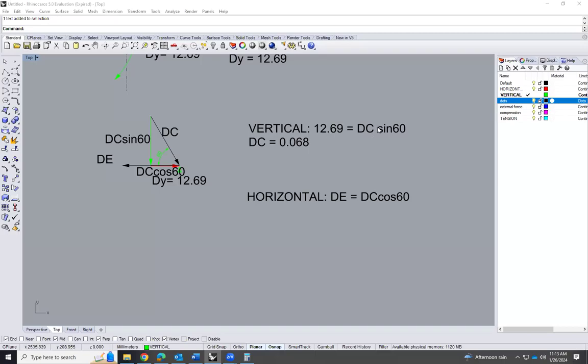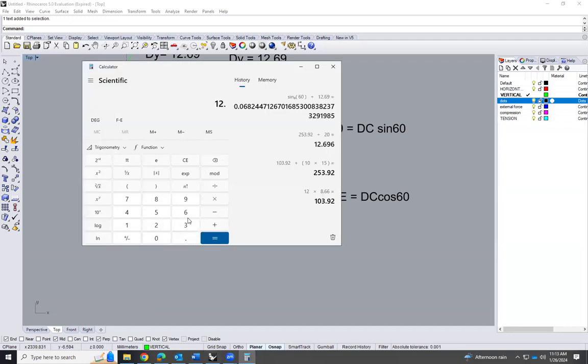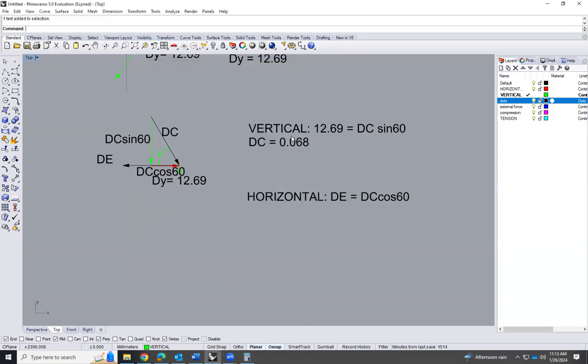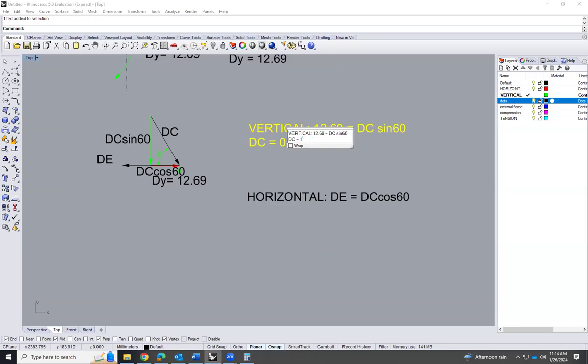Sorry, it's the other way around. It's 12.69 divided by 0.86. And that makes more sense. So it's 14.75.